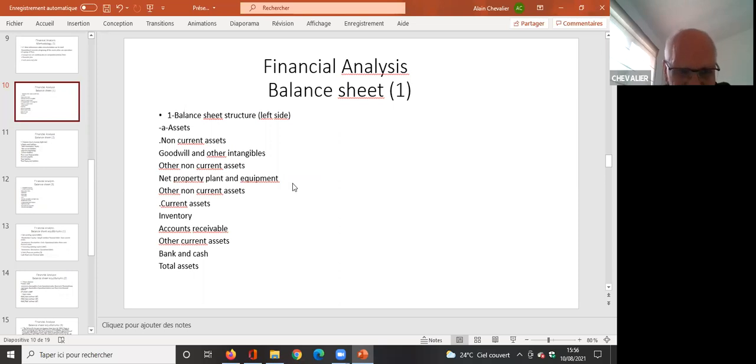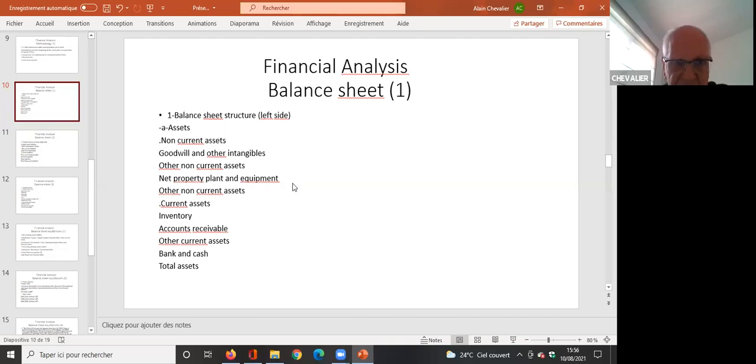So now if you go into more detail, you have two categories: current assets and non-current assets, whatever the order is. In non-current assets, you find in this simple presentation a segmentation between two main categories.